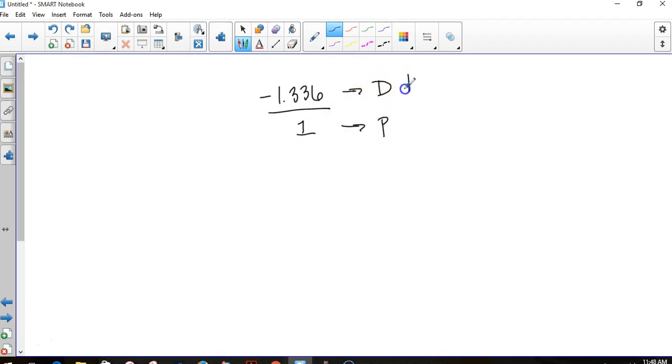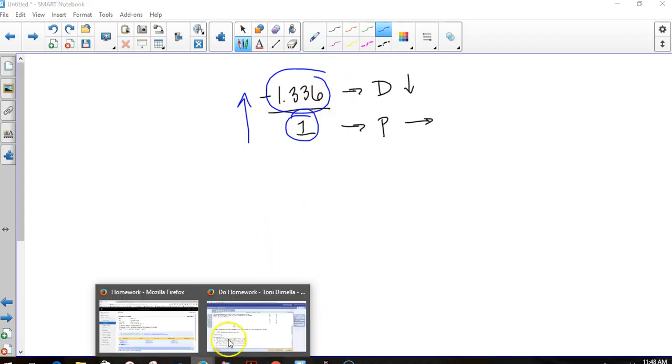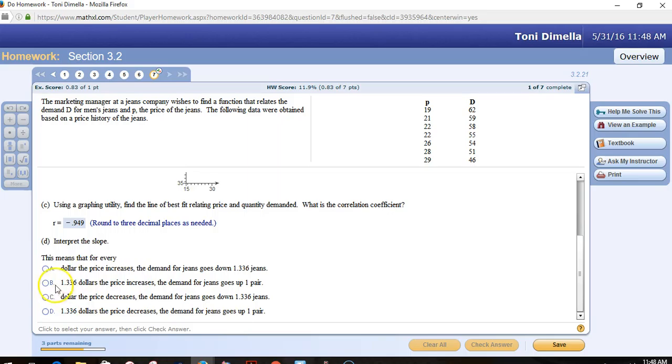Every time my demand drops, my price goes up, or if I want to read it from the bottom up, every time I raise my price $1, my demand is going to decrease by 1.336, and however it is that we're measuring demand. So as the dollar price increases, the demand for the jeans goes down 1.336 jeans. Worded a little strangely, but that's what we're looking for.